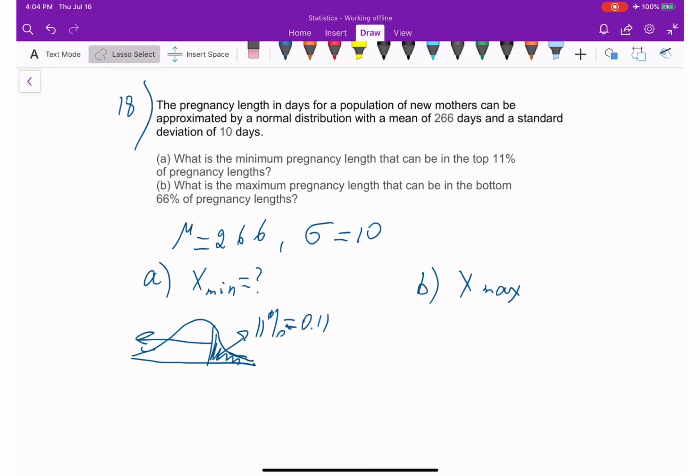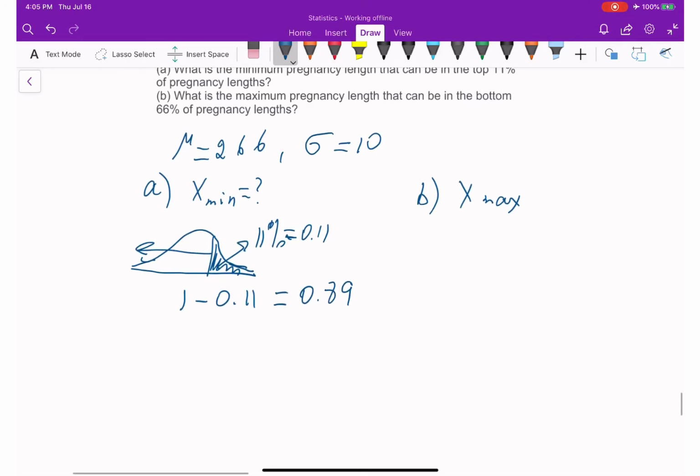So we are doing 1 minus 0.11. So to find the left side area, right? Because table shows left side, and that is equal 0.89. Okay, what z-score is matching to probability 0.89?